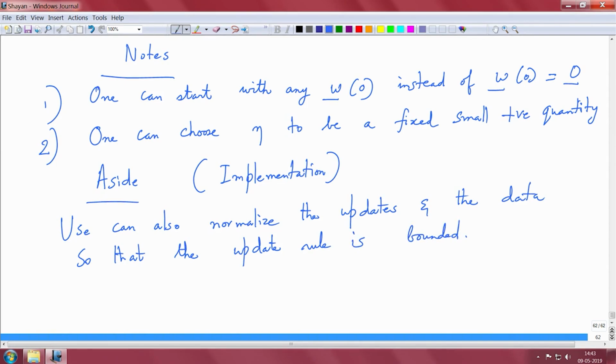Okay, so you could do this also. And sometimes you can shuffle the data and also present it to the perceptron.